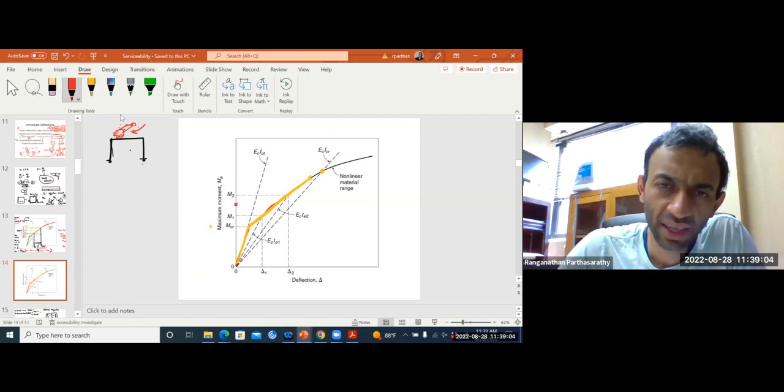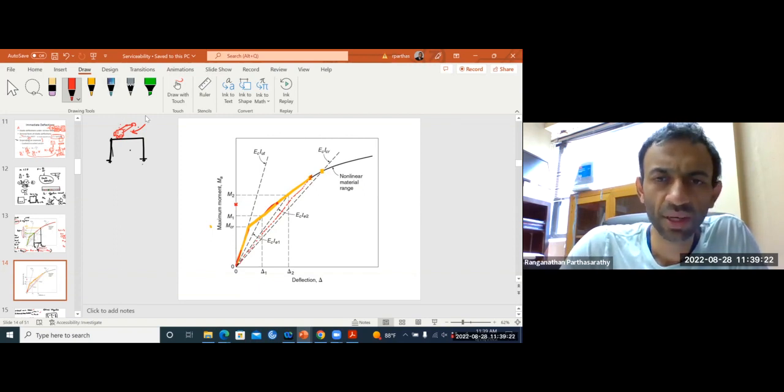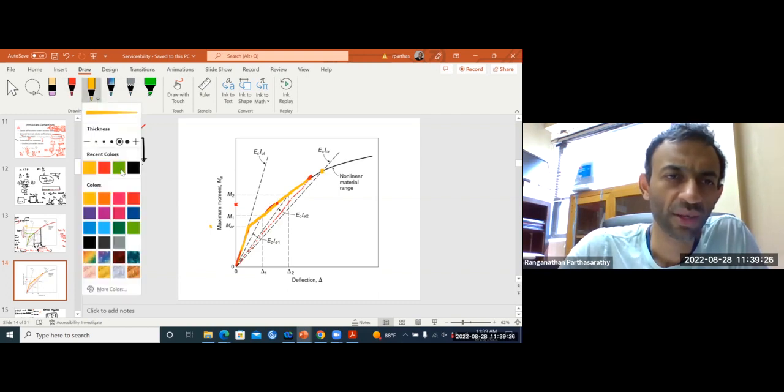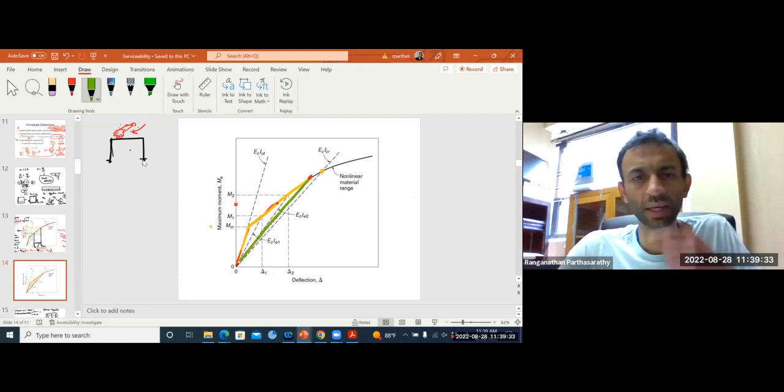That means next time you load it, it's not going to go that way anymore. It's going to go along this red path. So from this point on, whatever loads come in are not going to be higher than this. Everything that happens from this point on will happen along this line, up and down this line.